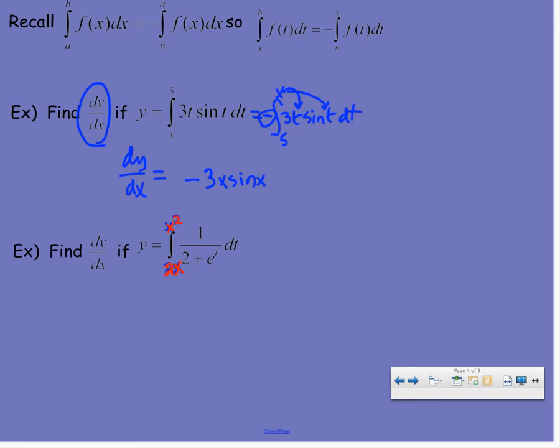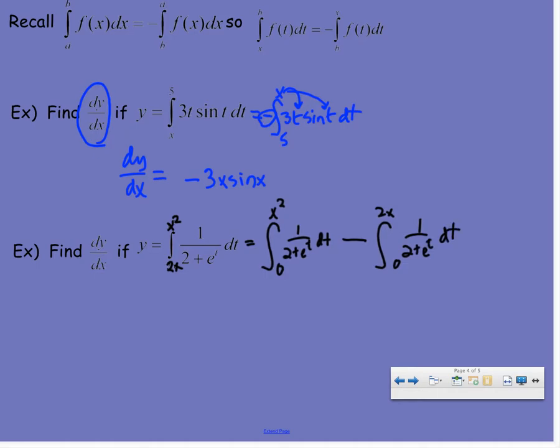And I'm going to show you what I'm going to do over here. I'm going to rewrite this integral. Instead of going from 2x to x squared, I'm going to rewrite this as the integral from 0 to x squared of this function, 1 over 2 plus e to the t dt, minus the integral from 0 to 2x of this function.